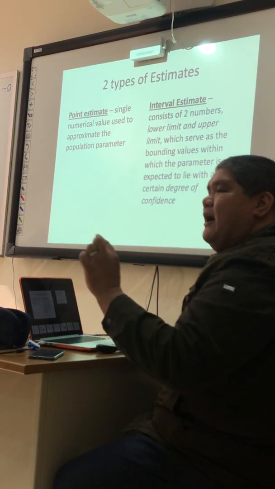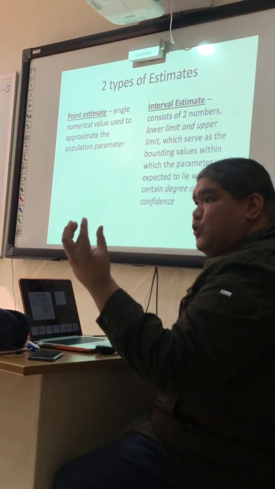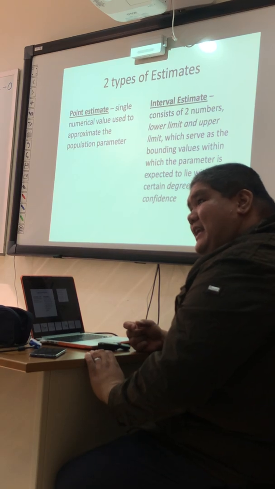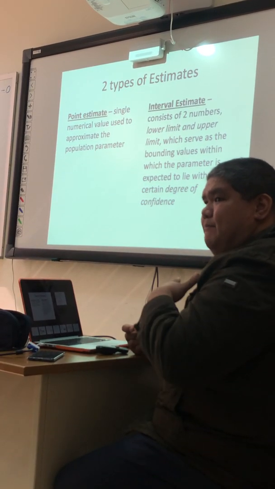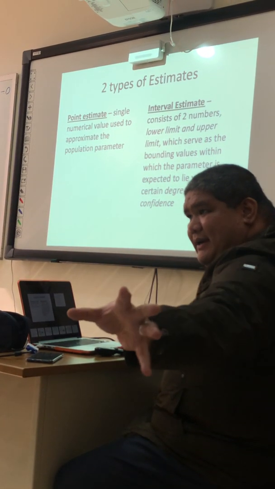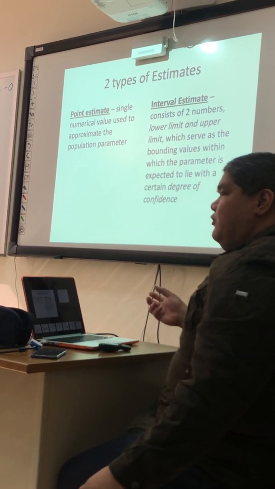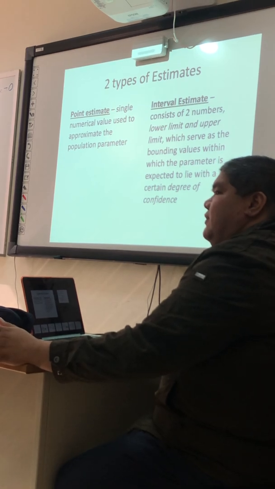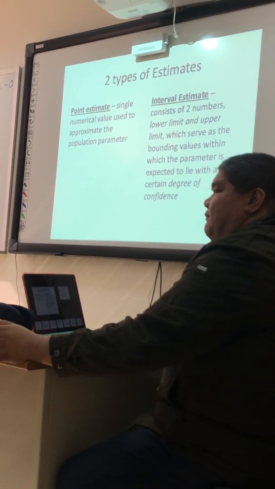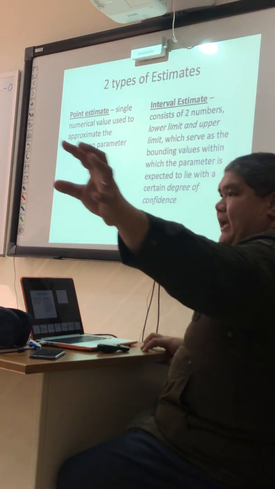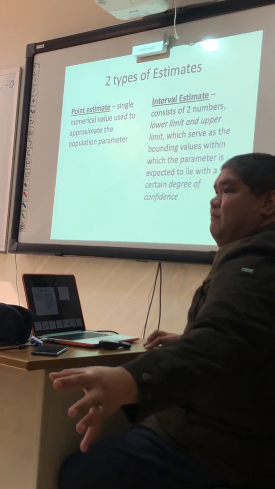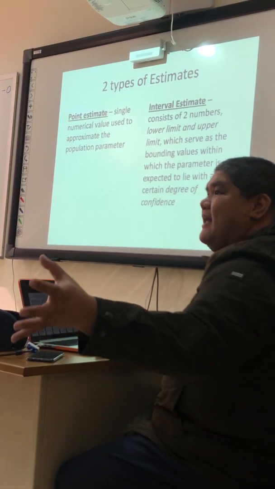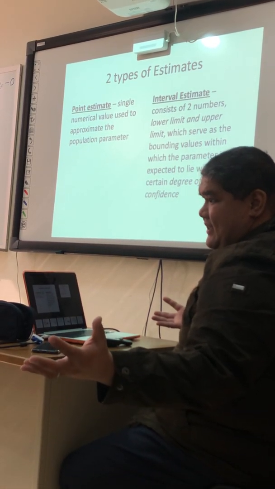Our values are also different from the true value of the parameter. This is because of chance. It so happened that my sample is made up of these students here. It so happened that Dr. Atik's sample is made of those students there. What if one of the students here transferred here, and at the time that I am doing the sampling, he is included in my sampling? That is because of chance, isn't it?